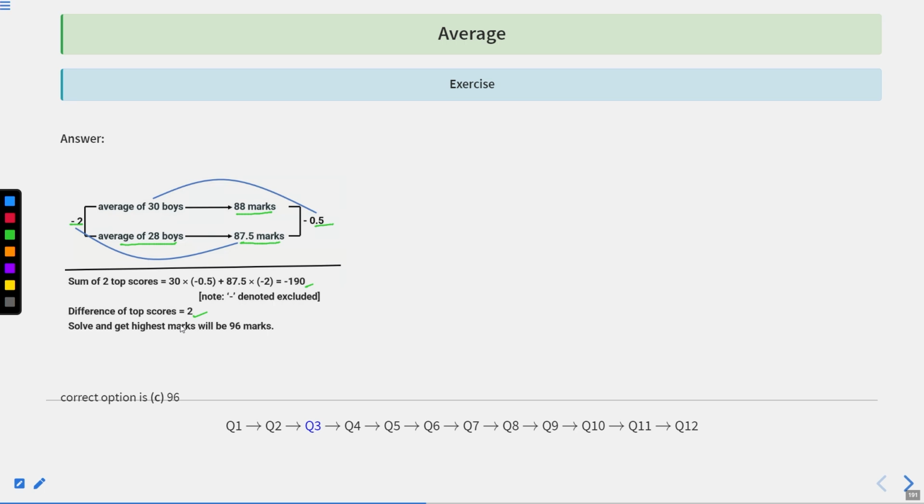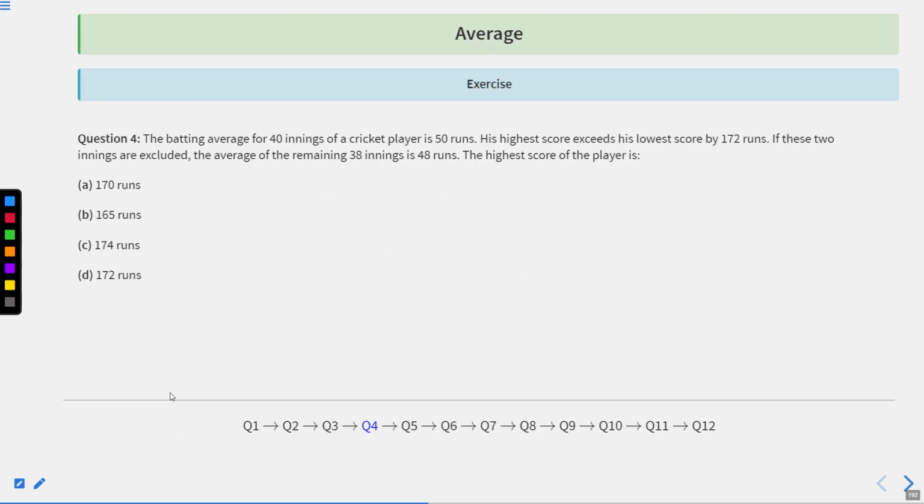Since A plus B equals 190 and A minus B equals 2, both of these values are known to you. You can simply solve these two equations to obtain the highest marks, that is 96 marks. So the correct option here will be option C, 96 marks.